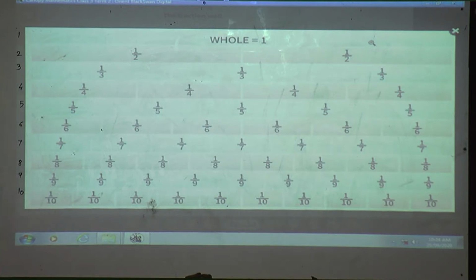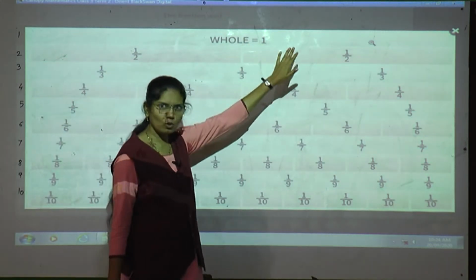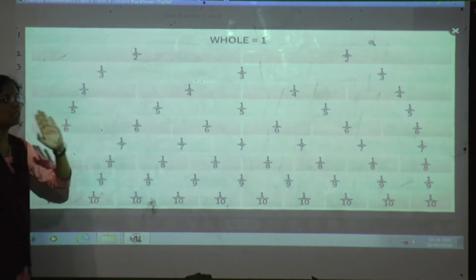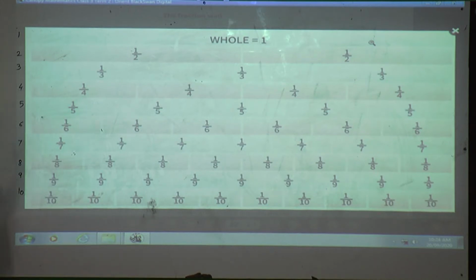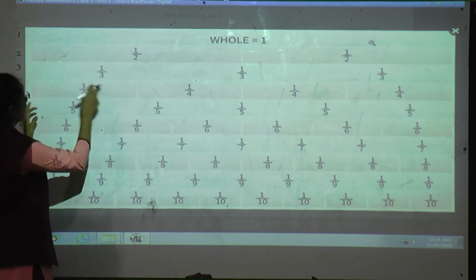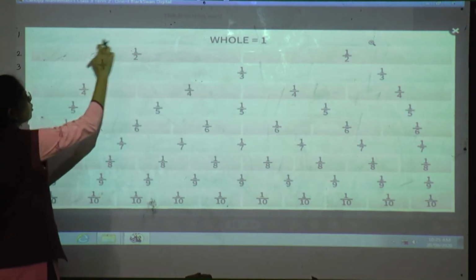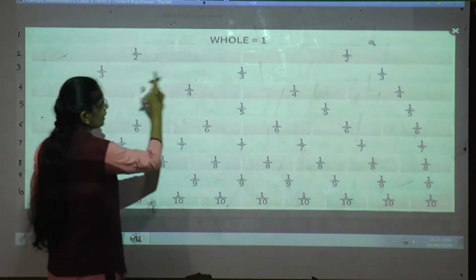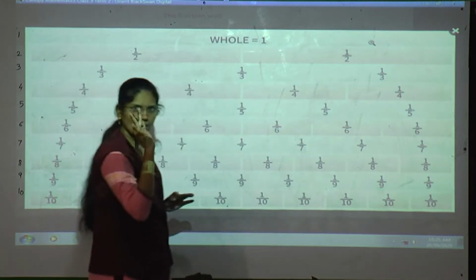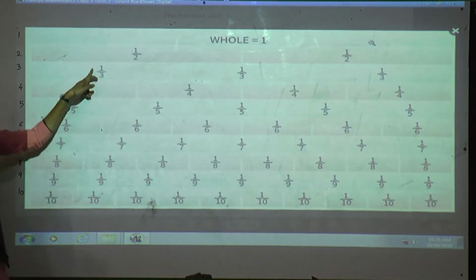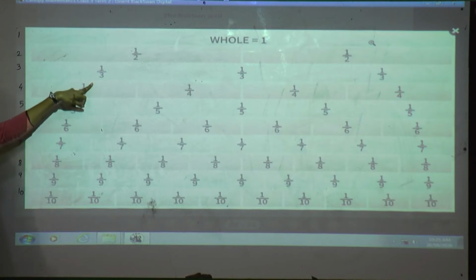Now see students, this whole means this first row is divided into 3 equal parts. If we divide this row into 3 equal parts, then what fraction will we get? 1 by 3. Now you have to see this third line. Here this whole is divided into 1, 2, 3 equal parts. So here the fraction is 1 by 3.